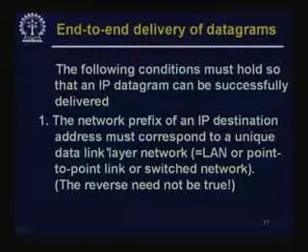The following conditions must hold so that an IP datagram can be successfully delivered. The network prefix of an IP destination address must correspond to a unique data link layer network, that is, a LAN or point to point link or switched network. The reverse need not be true.